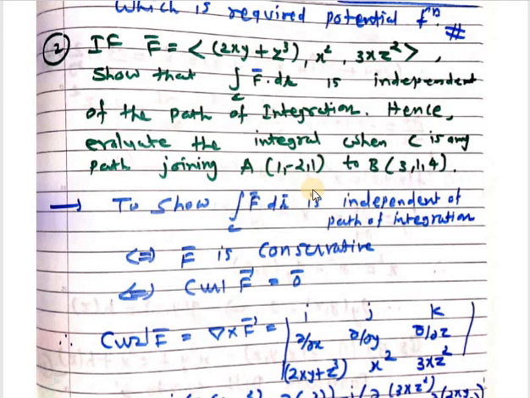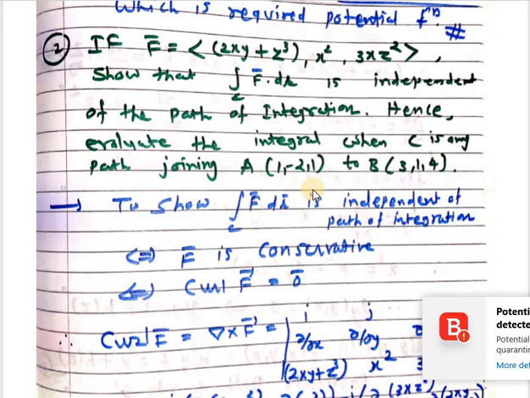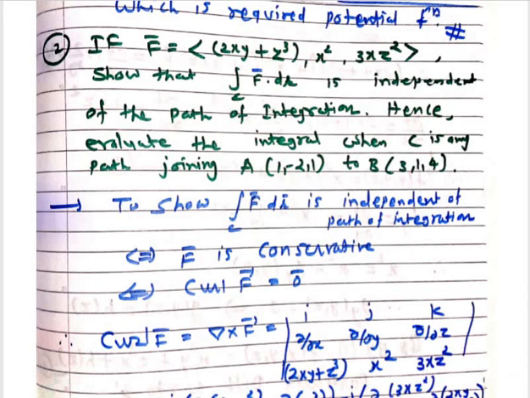When we say the line integral is path independent, we have shown that if F(r) is the gradient vector, then the vector field F(r) will be path independent. So to show that the line integral is path independent, we have to show that F(r) is conservative.